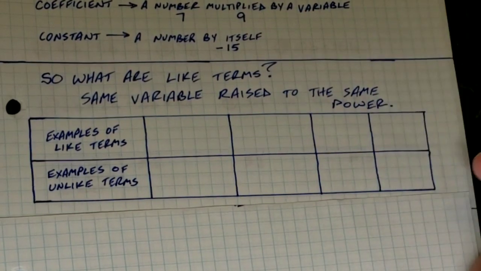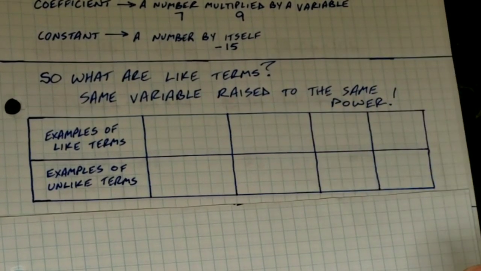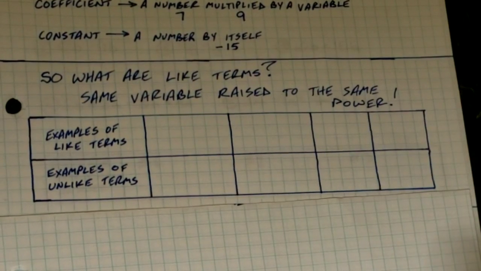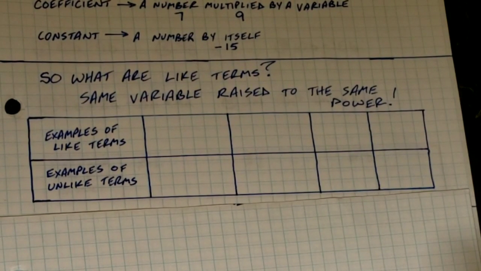Remember, the power is the exponent. So I'm going to give you some examples of things that are like terms, things that are not like terms, and we're going to tell why the things that are unlike terms are unlike terms.